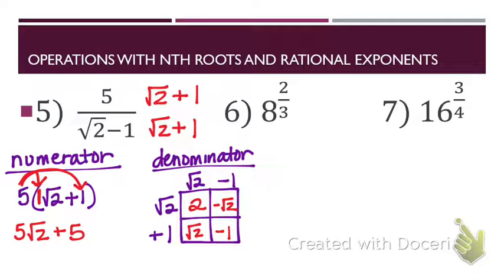The reason why you multiply 2 conjugates is because the middle term will always drop out. So these 2 are dropping out. That's canceling out, because it's like saying you have a positive x and a negative x. They cancel out. So you're left with your final answer for question number 5.